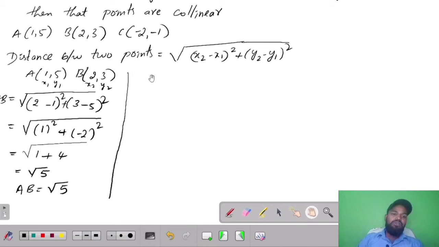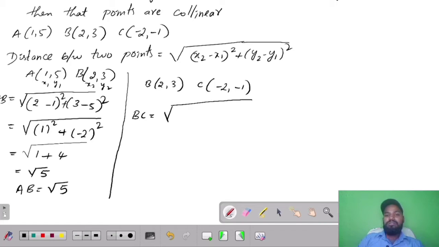So what is B? Sorry, nothing but the B point 2 comma 3 and C point minus 2 comma minus 1. Now see, BC equals under root x2 minus x1. This is x1, y1, x2, y2.